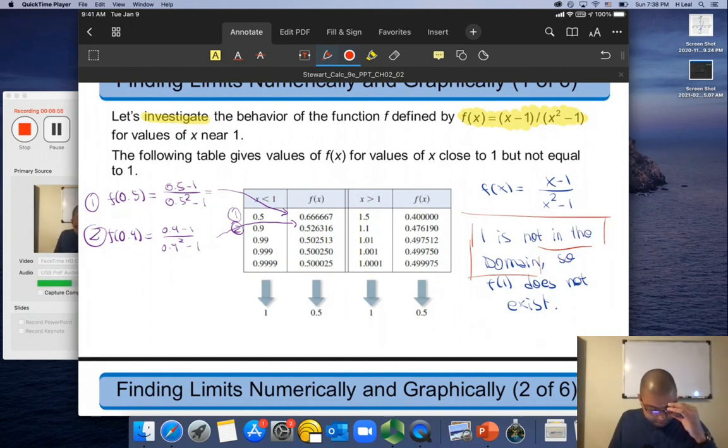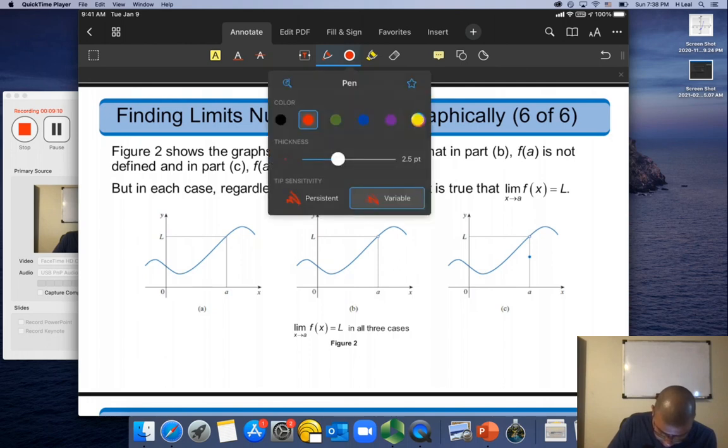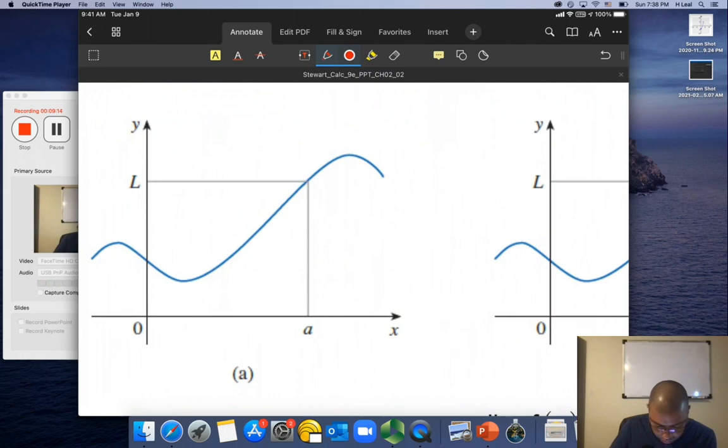Talk about it graphically. Figure 2 shows the graph of 3 functions. Note that in part B, f of a is not defined, and in part C, f of a is not L. Look at this. Let's talk about each of those separately. On A, if I choose an x value, let's say this is x, right? F of x is this guy over here.